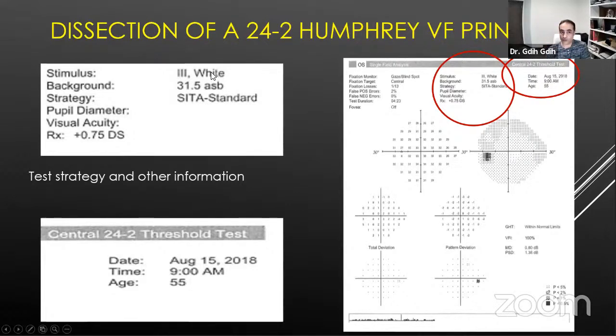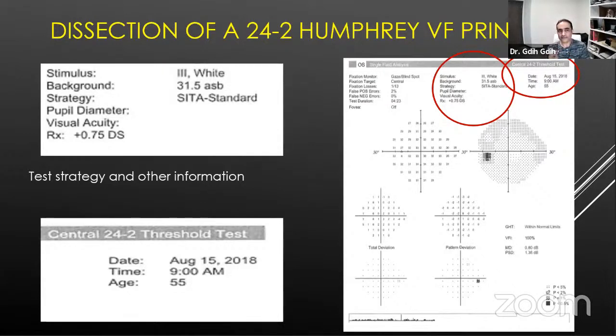So the stimulus is white, confirmed, and we have stimulus size 3. The sizes go from 1 up to 5, depending on the patient's visual acuity and ability to determine size. Size 1 is the smallest and 5 is the biggest.